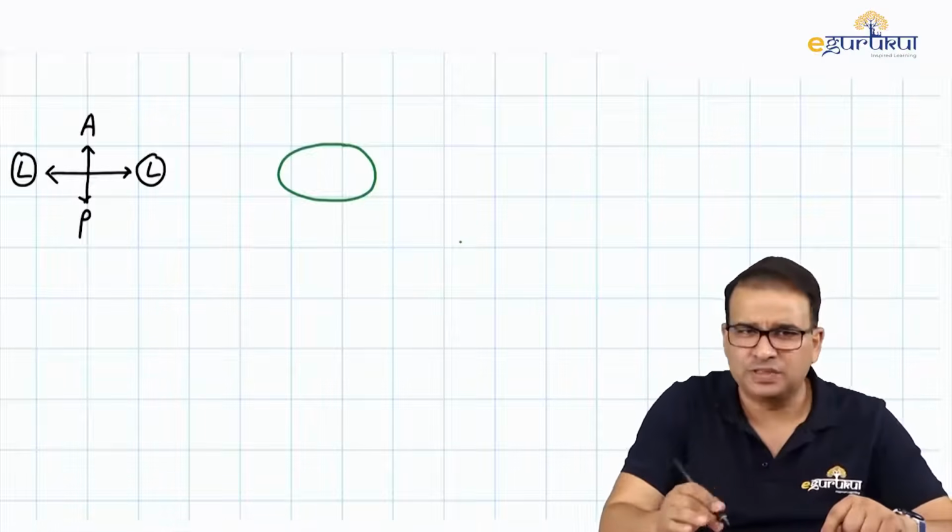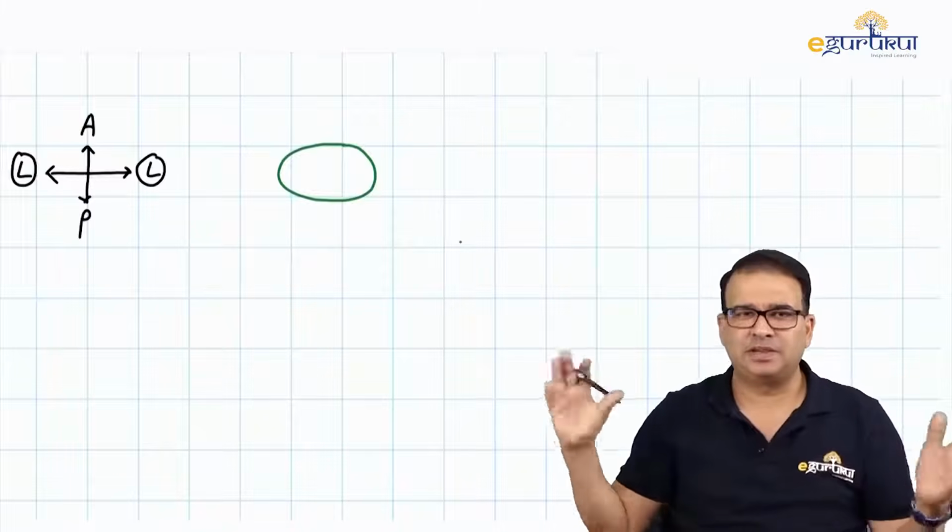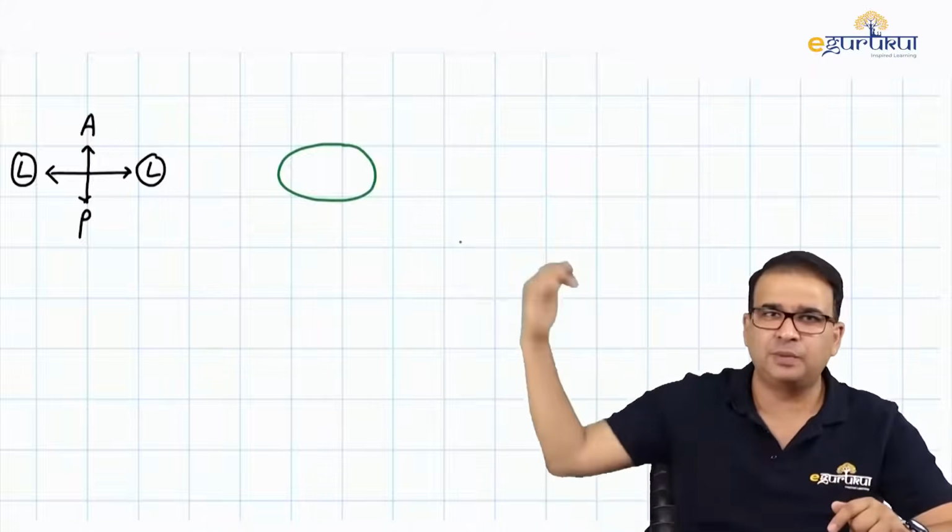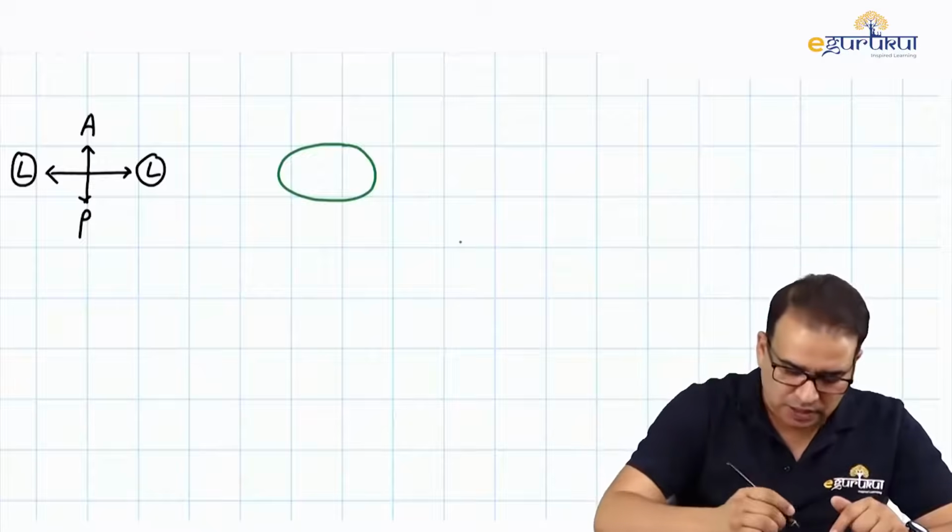You can consider any of these carotids. That's why I'm writing lateral on both sides. You can consider right or left, whichever it is. Anterior and posterior is important for us here.